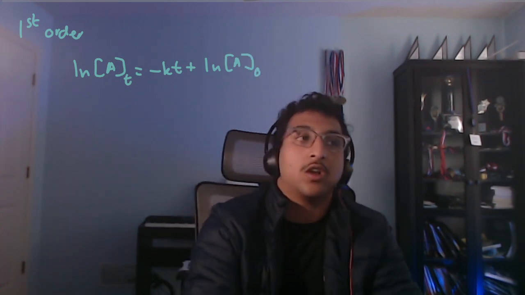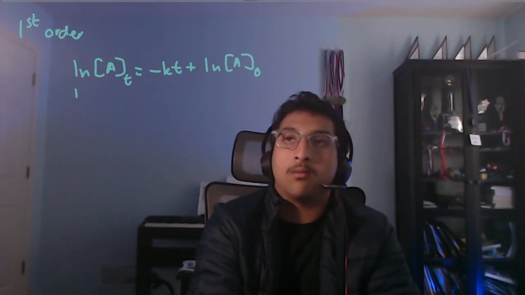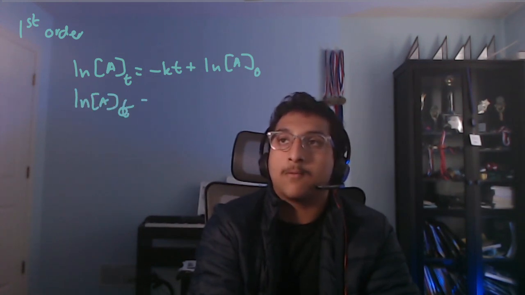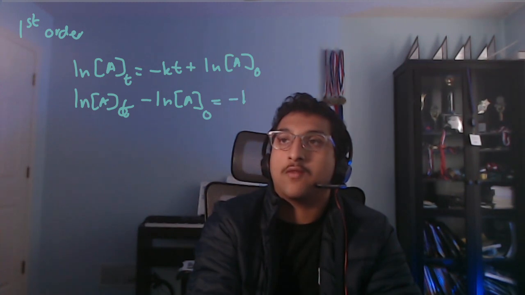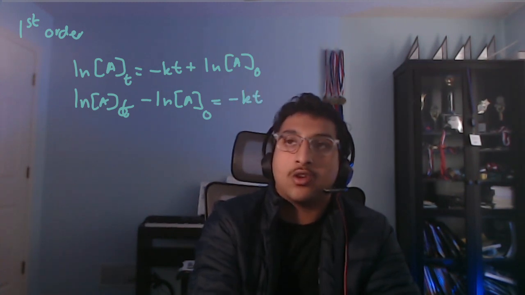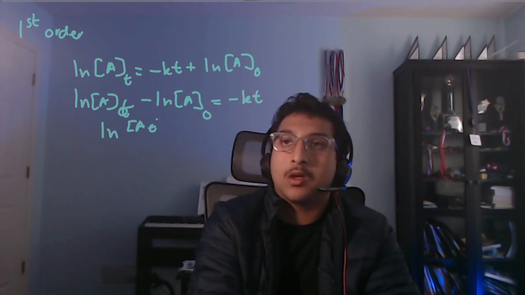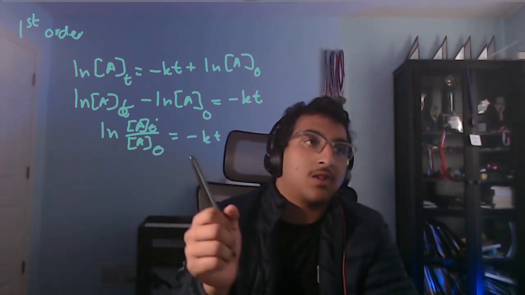You can also use logarithm properties to manipulate this equation a bit to move initial concentration to the left side and equal it to negative k times t. And then you can also use another property to make this become a fraction. So you can also use this as well.